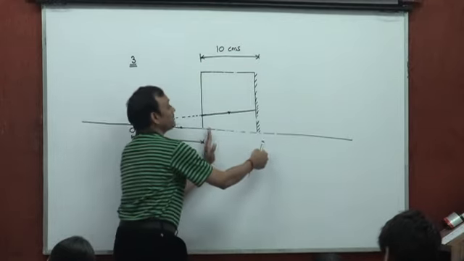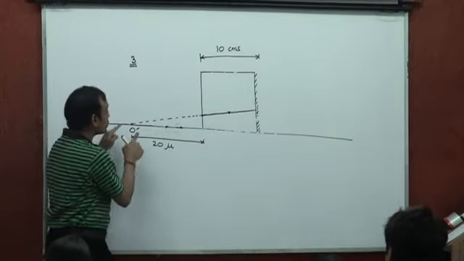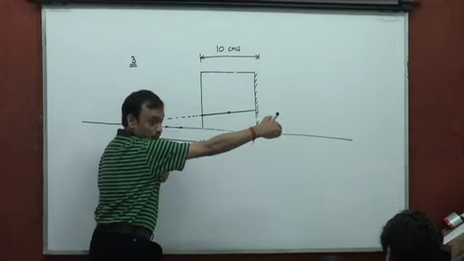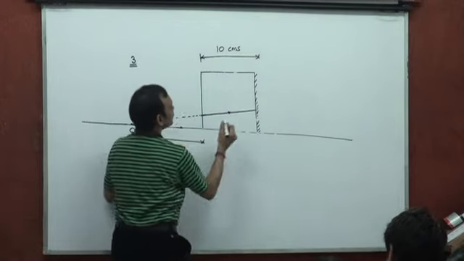So the image of O prime would be 10 plus 20 mu behind the mirror.